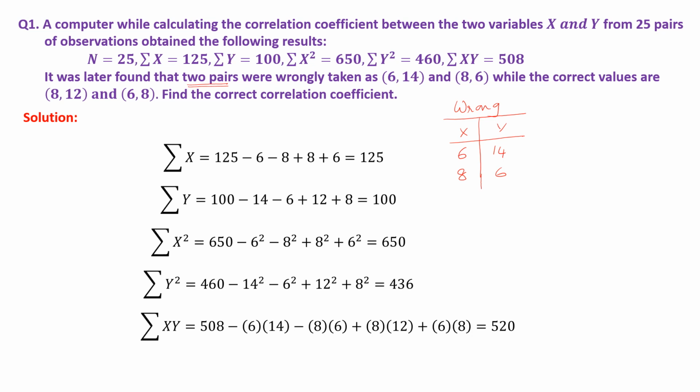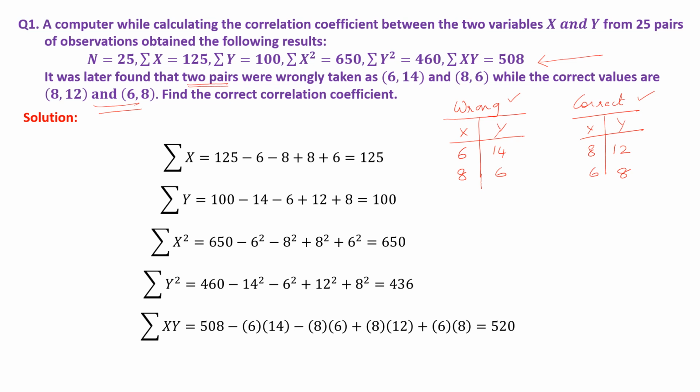So the x values were considered as 6 and 8, y values were considered as 14 and 6, whereas the correct values that had to be actually calculated were 8, 12. So x is 8 and y is 12, and x is 6 and y is 8. So basing on what is given to us, we have now written the wrong values and the correct values. Using the wrong values only, this data has been calculated.